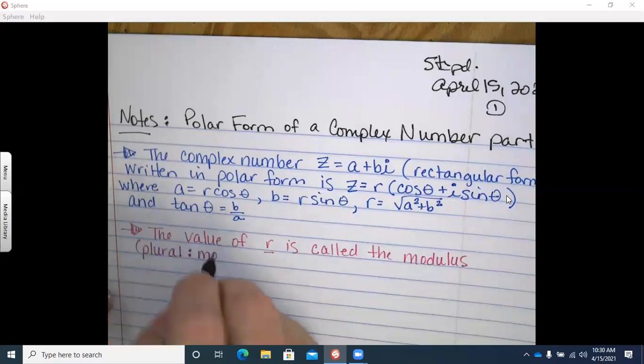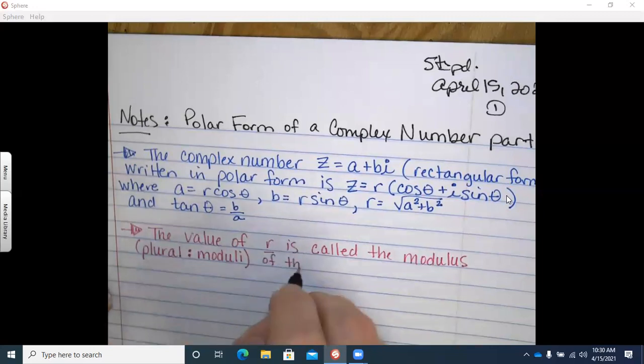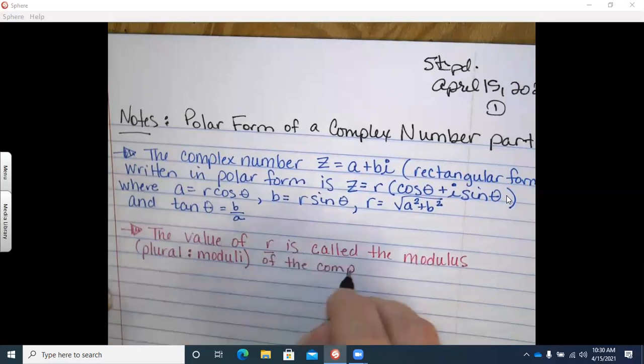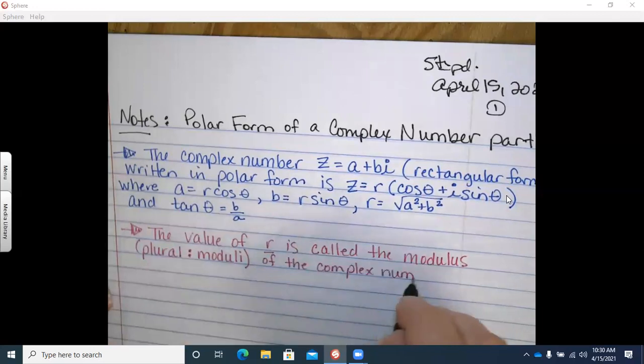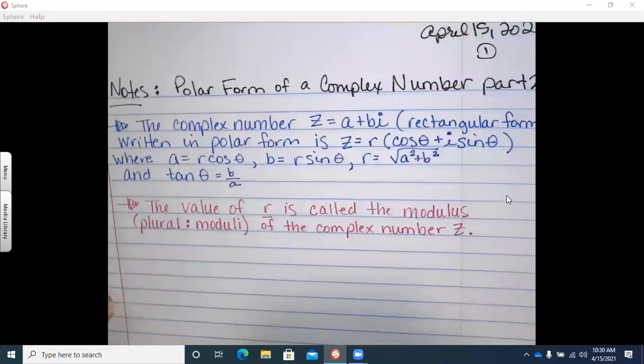Of the complex number z. So r sometimes you'll hear referred to as the modulus, okay?